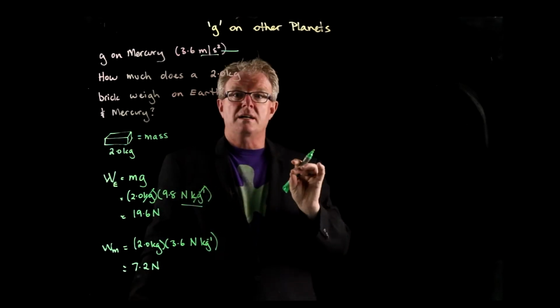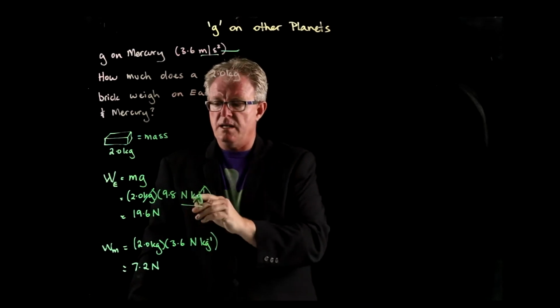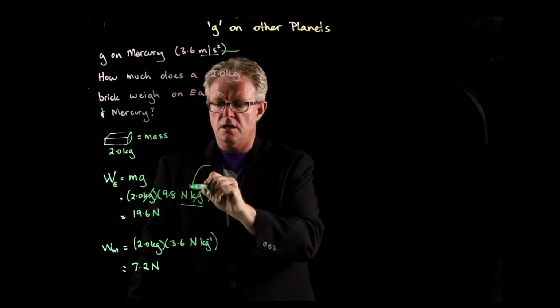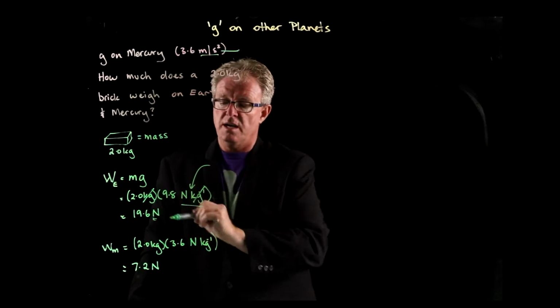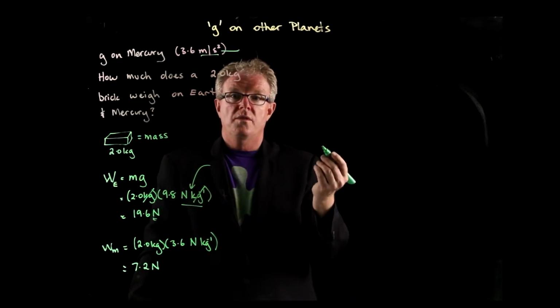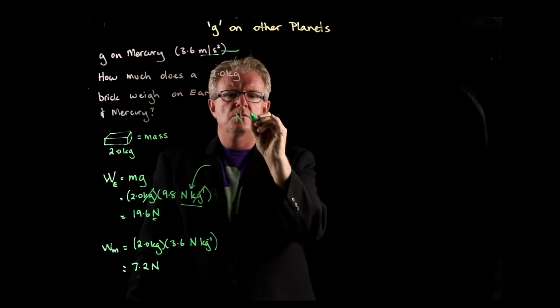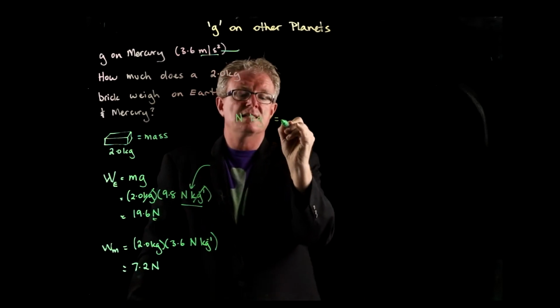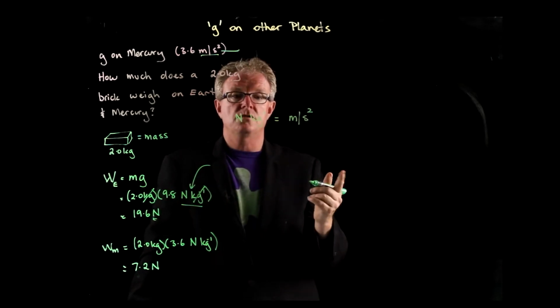Just to make it clear here, we started off with meters per second squared, and in my equation here, I put in newtons per kilogram so the units would cancel out. So we had newtons. Well, they're exactly the same thing. So remember that newtons per kilogram is the same as writing meters per second squared. Now, how can I prove that to you?